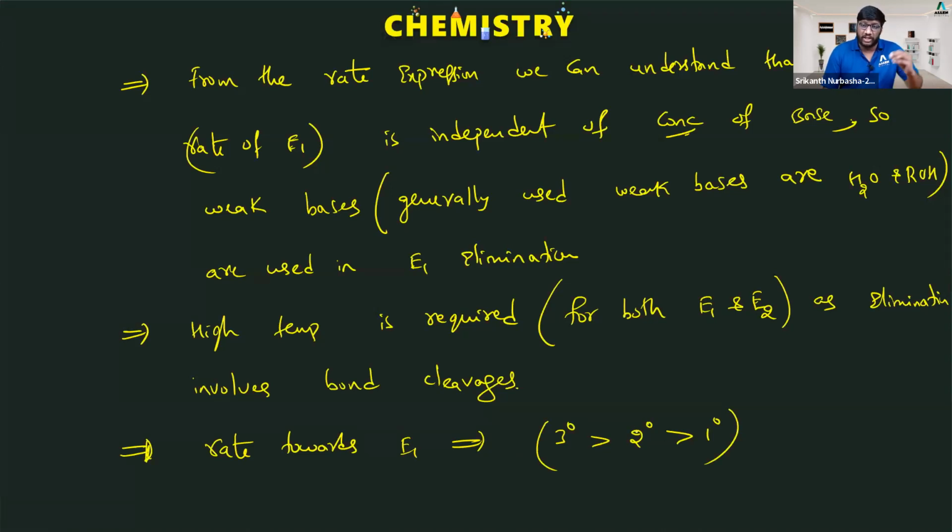Why? Because the tertiary alkyl halide forms a tertiary carbocation, since step 1 is the formation of a carbocation. The tertiary carbocation is more stable because of more hyperconjugated structures. So the tertiary carbocation is more stable than secondary, which is more stable than primary. So 3 degree is greater than 2 degree, greater than 1 degree.